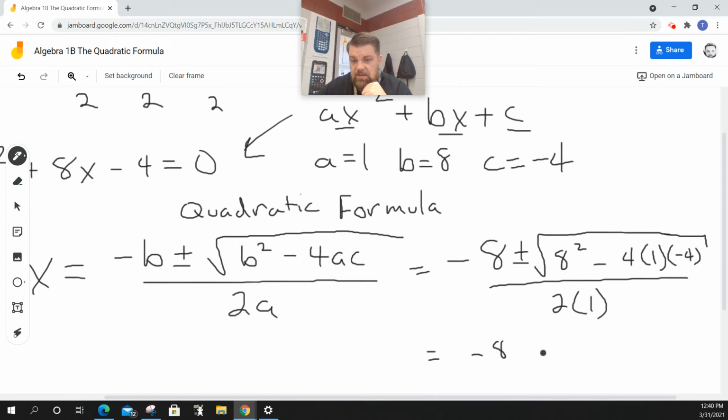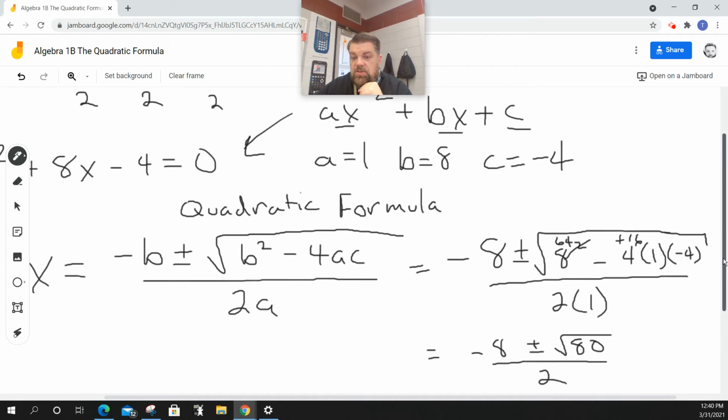Next up, negative 8 plus or minus. So now this becomes 64. And negative 4 times 1 is negative 4. Negative 4 times negative 4 becomes a positive 16. So I believe that's the square root of 80, all over 2.